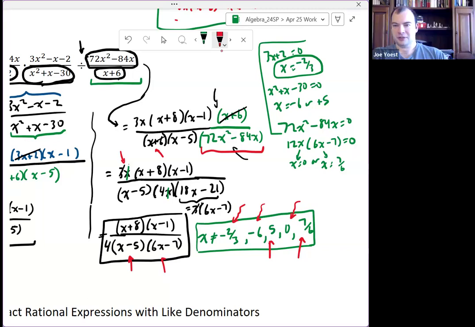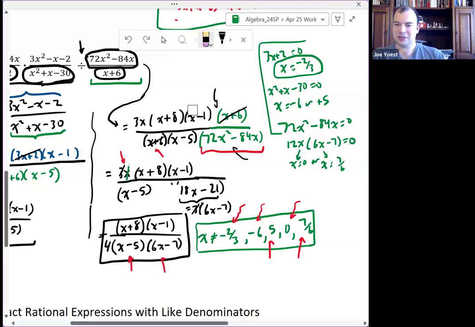Yeah, definitely. Absolutely. That was great to recognize, because recognizing immediately that 12 is a factor of both 72 and 84 can be pretty challenging.